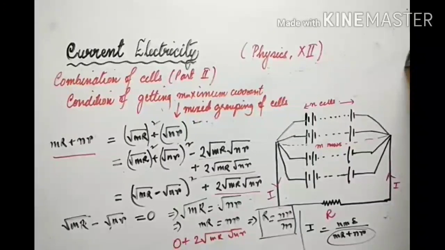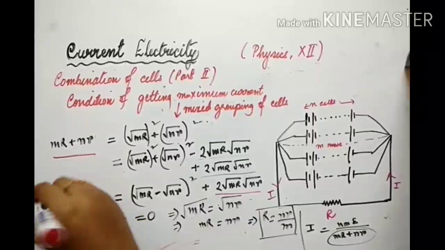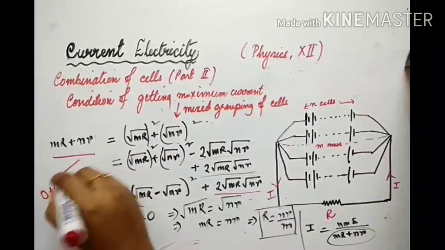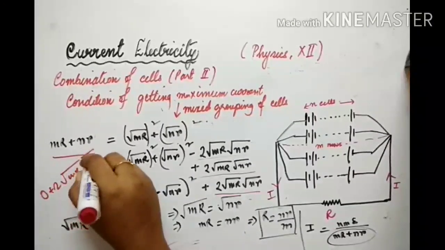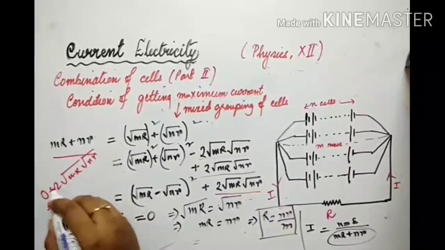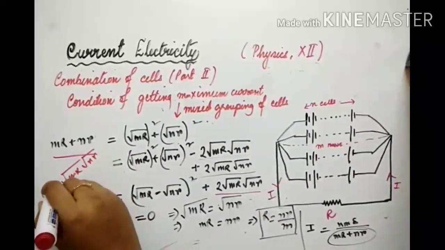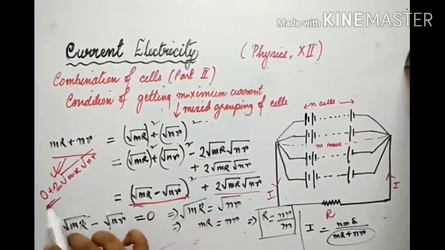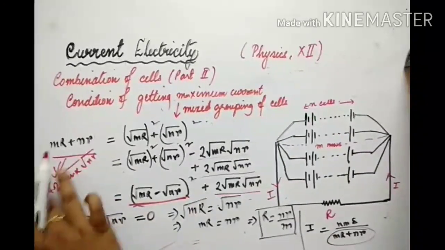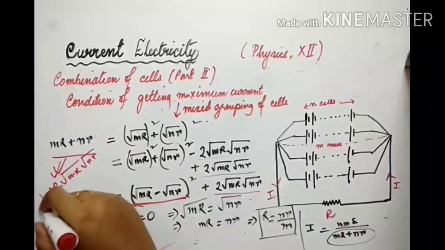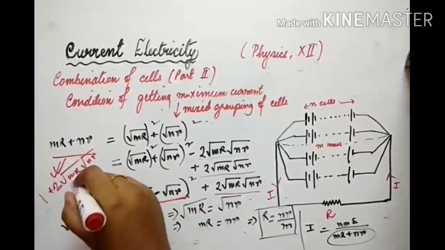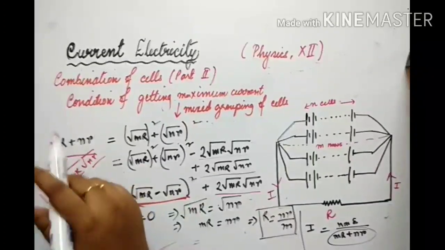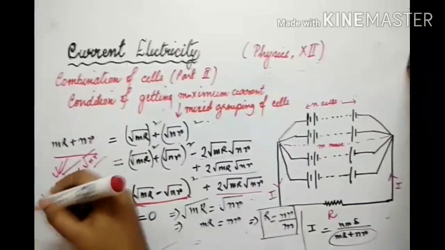This is the minimum value we get. I think it's not visible. So this is the minimum value we get. Whatever value we take, it cannot be less than this value, because its minimum value can be 0. Now if you take even 1 here, you will get a term which is greater than the previous value.